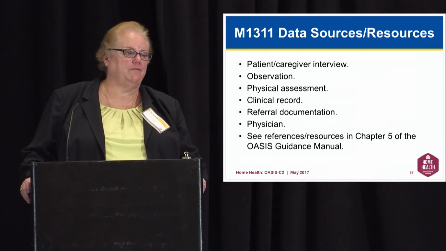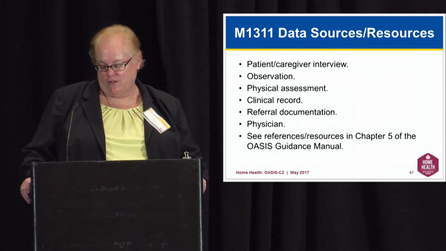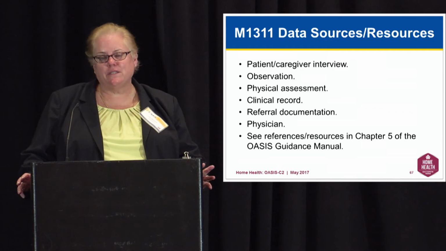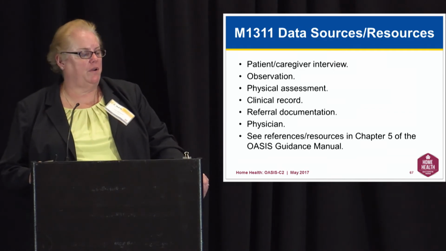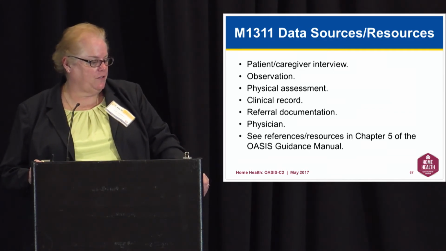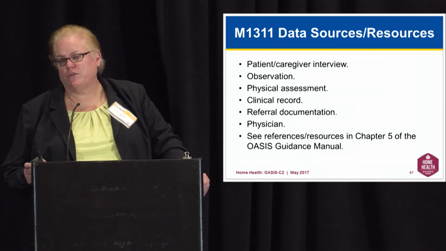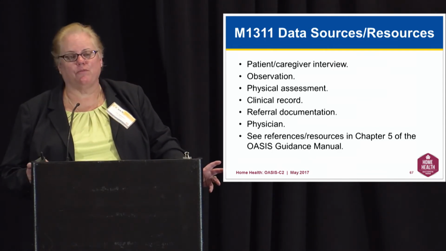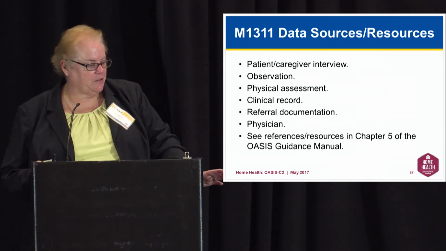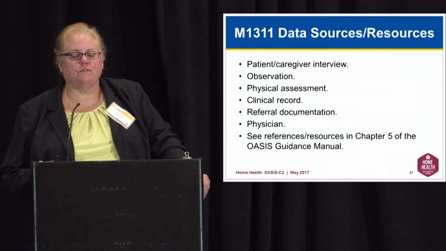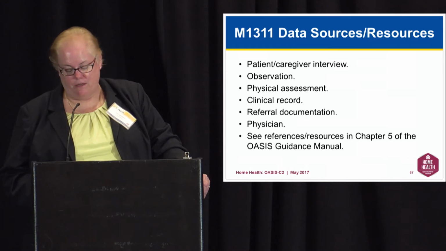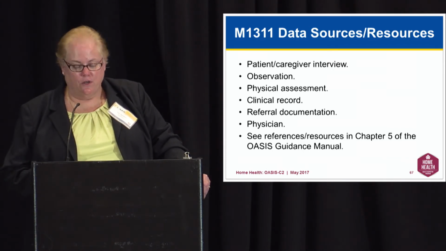Observation is very, very important: look around to understand what kinds of splints someone may have on and what environment they're in. Do your physical assessment, your clinical record review and history, and review any referral documents from the hospital or the previous care setting. Talk to your physician if the patient has been in and that physician's been involved with the care.